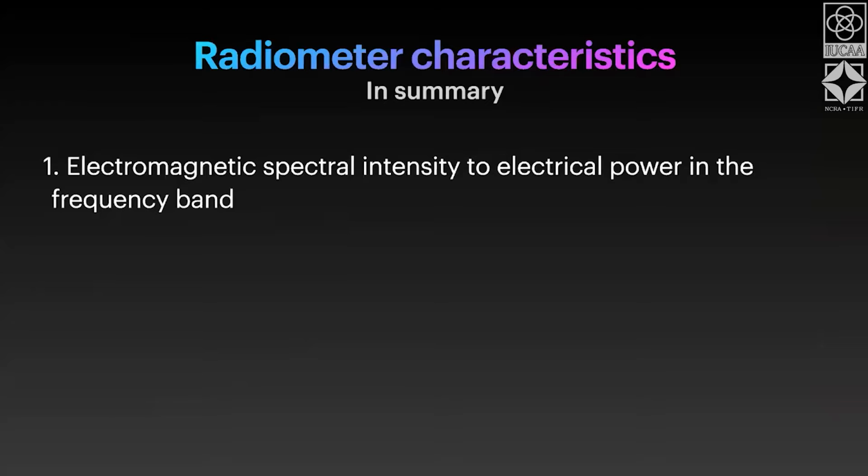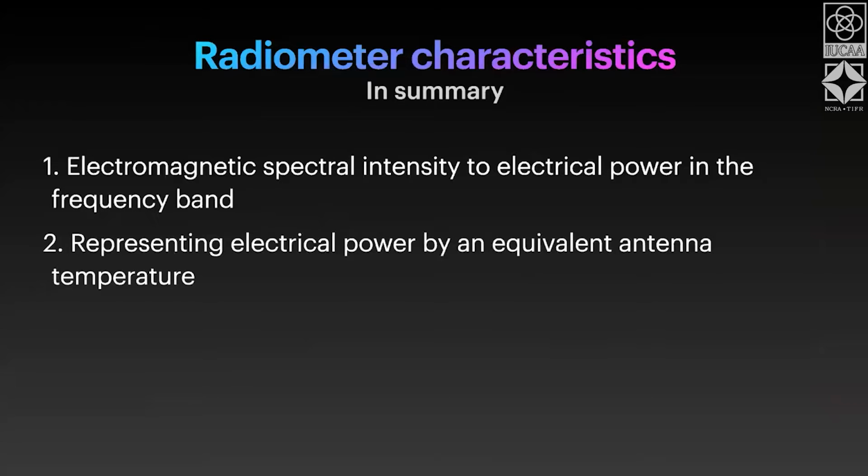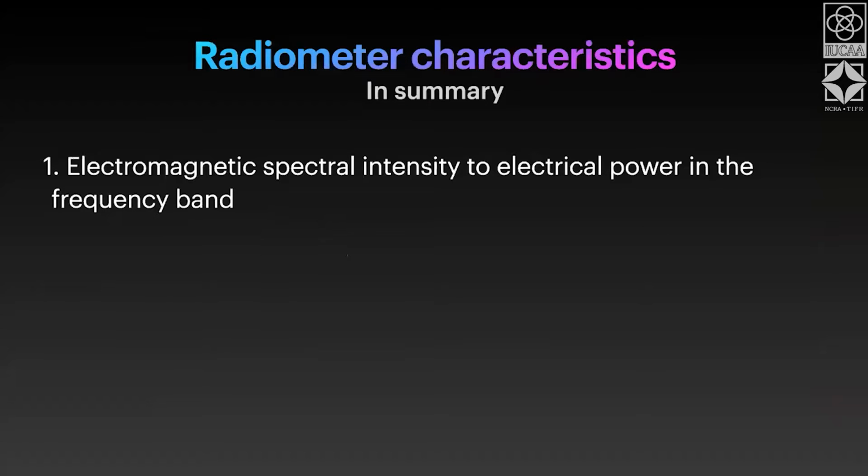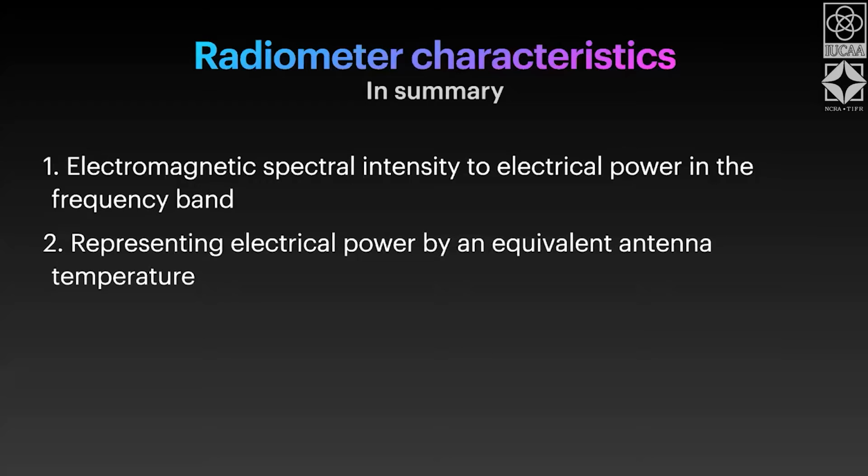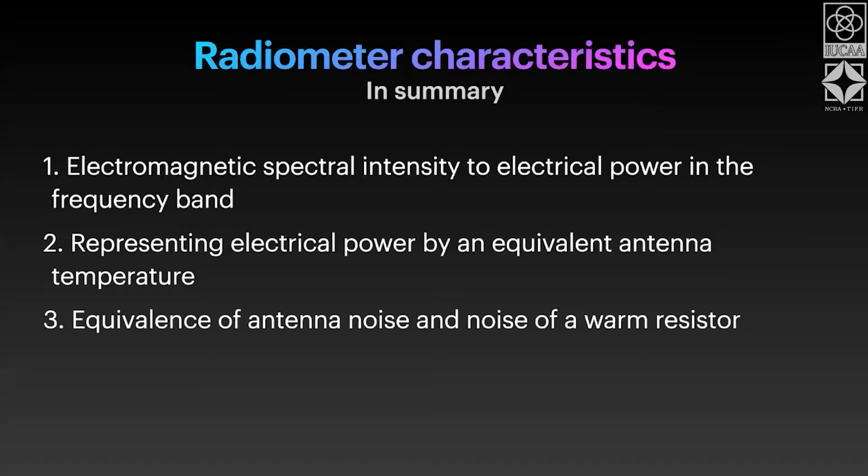So in summary, what will become clearer at the end of working with this worksheet is that you'll see how electromagnetic spectral intensity is converted to electrical power in a frequency band. And we'll see how a natural way of talking about electrical power in a radiometer is to refer to something called the antenna temperature.